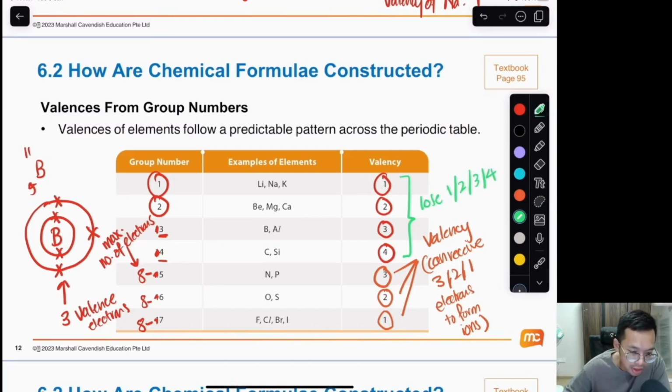Therefore, their valency is 1, 2, 3, and 4 respectively. But in this case, they gain 1, 2, or 3 electrons. That's why their valency is 1, 2, and 3 respectively.